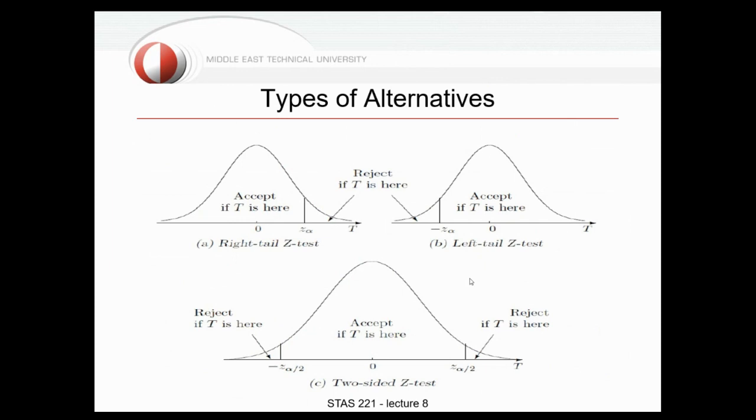In order to find the rejection area, as we call it, here, for example, or here, or on both sides, you should take a look at your alternative hypothesis. This note is very important. So how do I understand my rejection area? By looking at my HA.